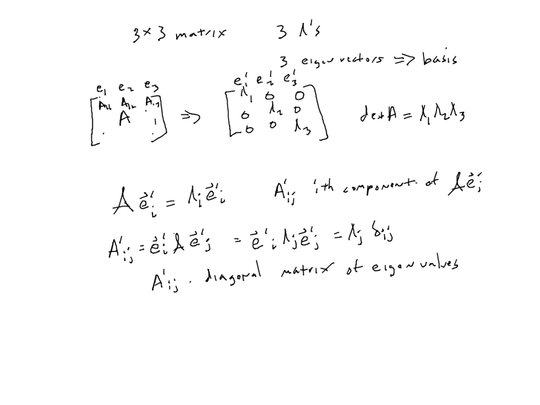All right. And so because of that, they have the same trace, they have the same determinant. Like I said before up here, the trace is just summing down the diagonal. The determinant is just multiplying the diagonal components.